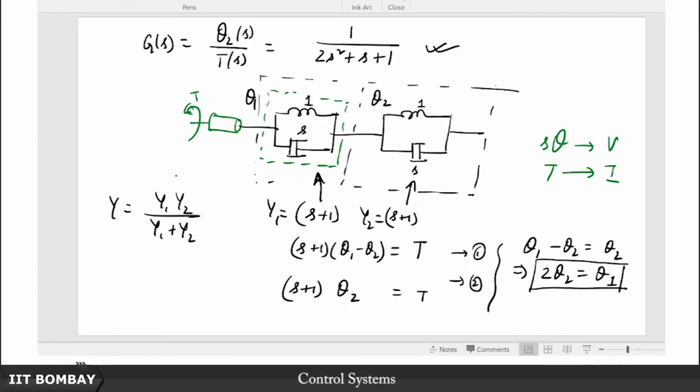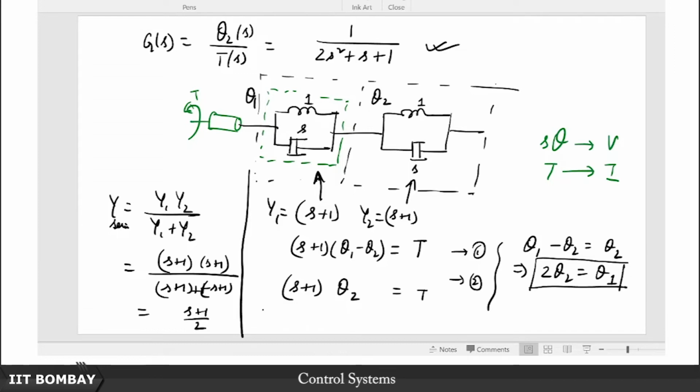It's just like series admittances, because these two blocks are in series. So we get to write that as S plus 1 times S plus 1 upon S plus 1 plus S plus 1, which is going to be nothing but S plus 1 upon 2, right? So these are all my rough calculations. This is going to be my second observation here.